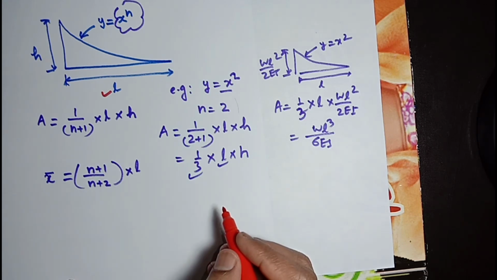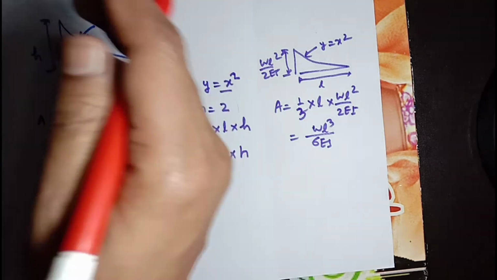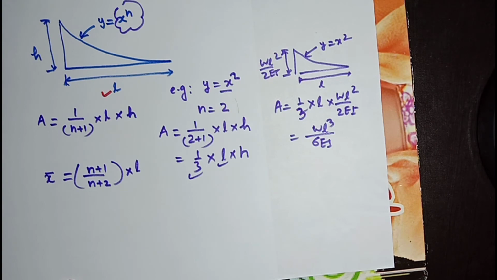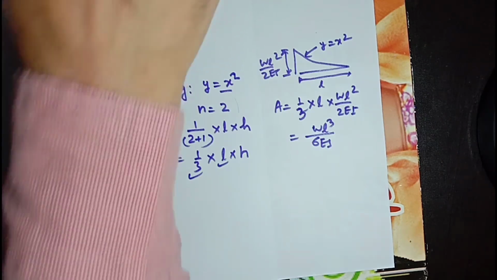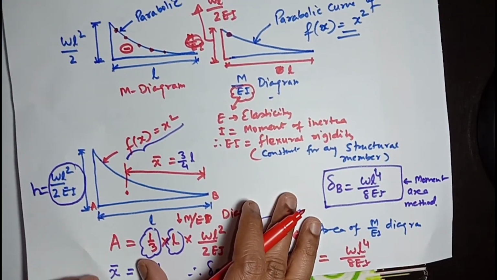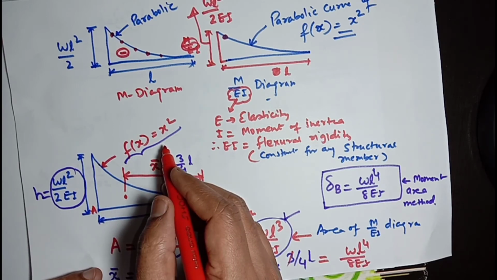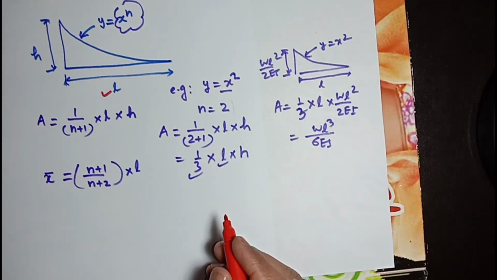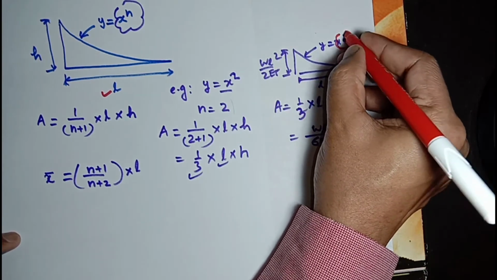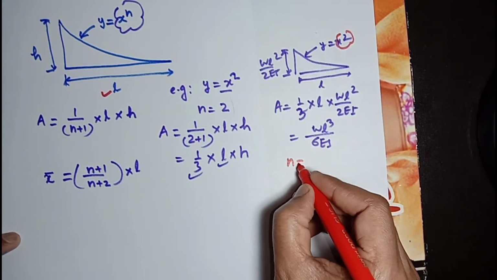For example, if we take our example, we have solved for a cantilever beam with a UDL at the entire span, and we found that its bending moment was a function of x square. So we can take the same here. In the case of n, it will be 2.